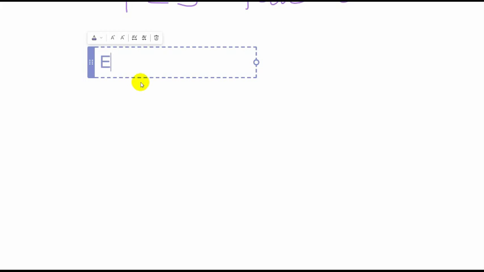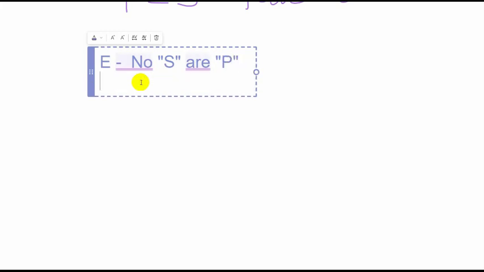We'll start with E proposition. E proposition states: No S are P. Now we'll start with its obverse first. The obverse of E is A proposition.